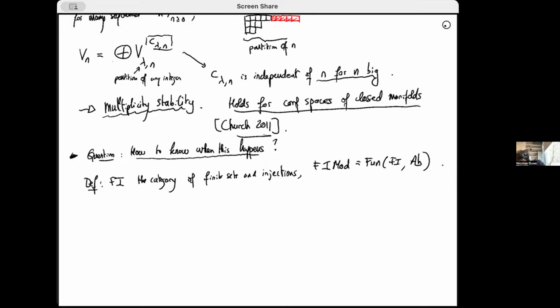Or maybe I'll write FI-Mod_Q, if I want to go to rational vector spaces.